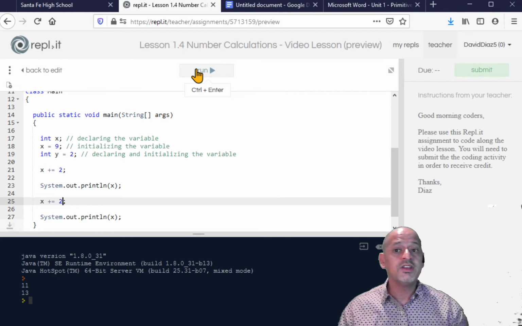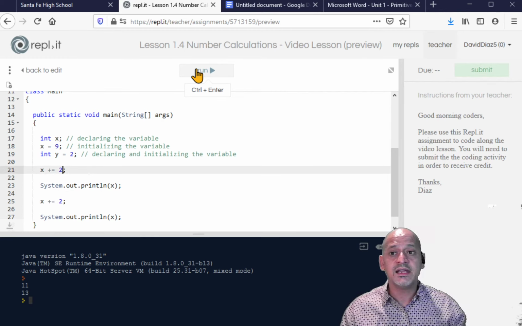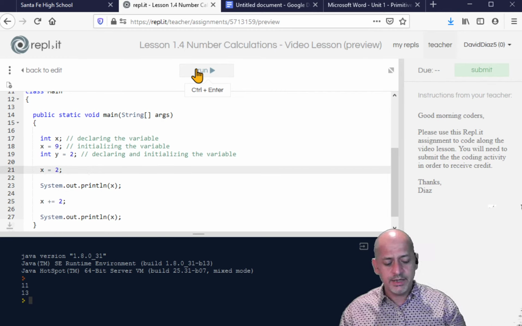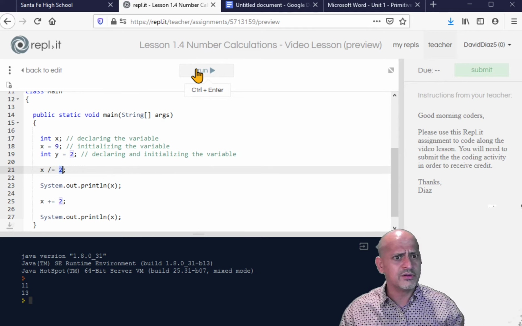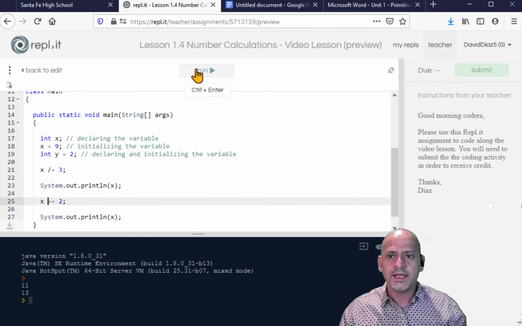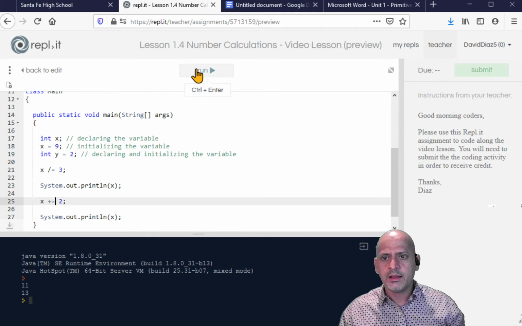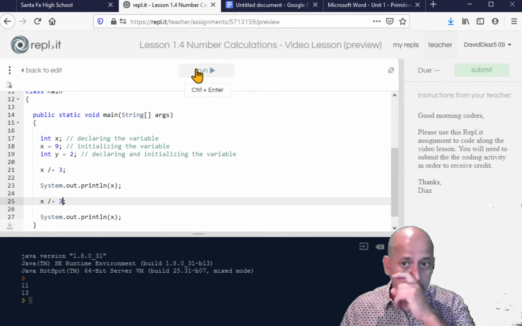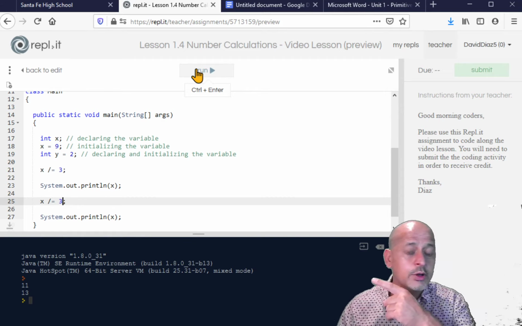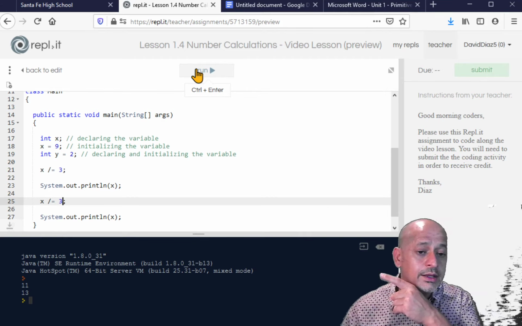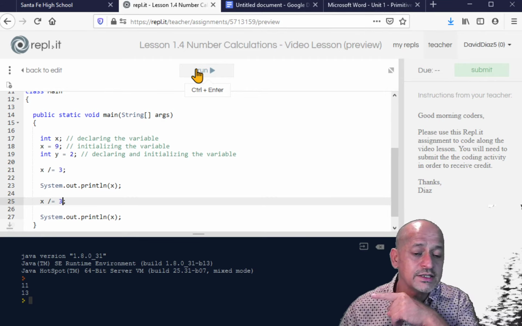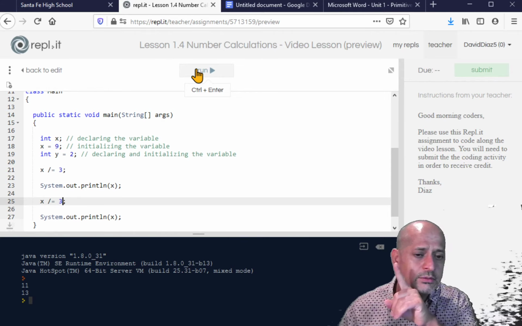Now we can also even divide. Let's say I divide it by, let's not do 2, let's do 3. So we have 9. Then we're going to divide by 3, which will give us 3. And then we're going to divide by 3 again, it's going to give us 1.